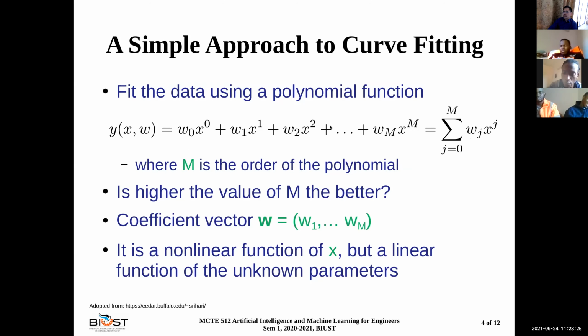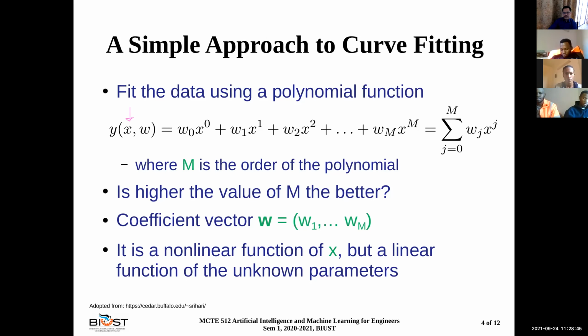Okay, so this is an equation of a polynomial. So naming first, we have to be quite consistent. We name the inputs of the polynomial as x, which is normally also the input of the data points.